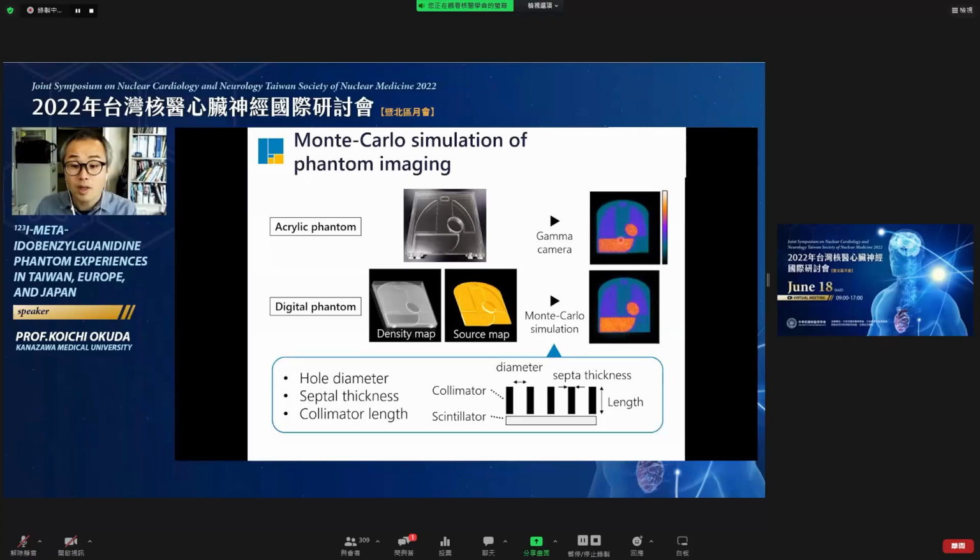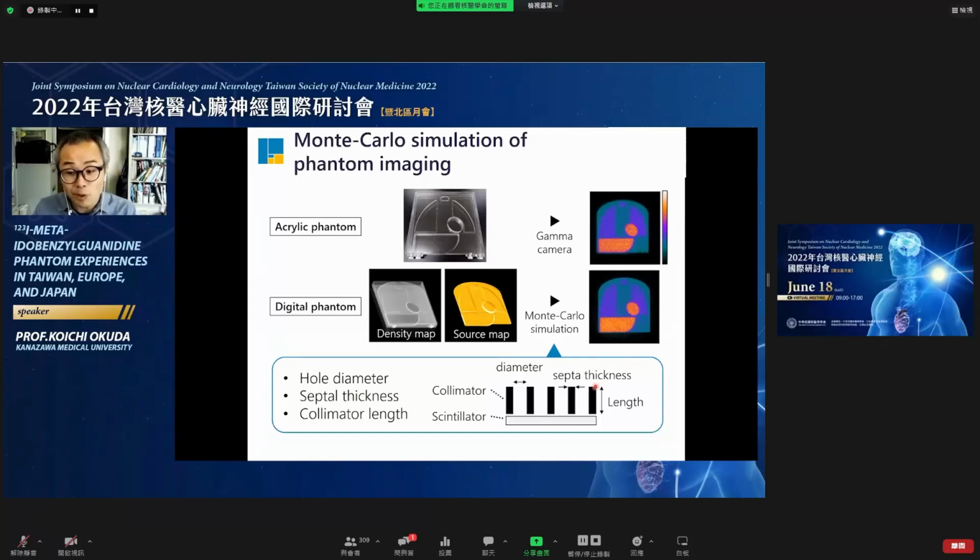As compared with an acrylic phantom study, digital phantoms and density and source maps are generated from the X-ray CT images of the acrylic phantom. Then Monte Carlo simulation allows us to generate planar images using these digital phantoms. Moreover, we can easily modify collimator parameters: hole diameter, septal thickness, and collimator length.